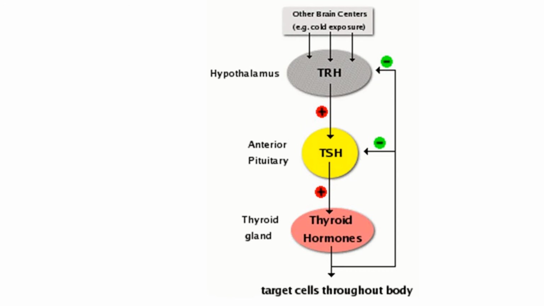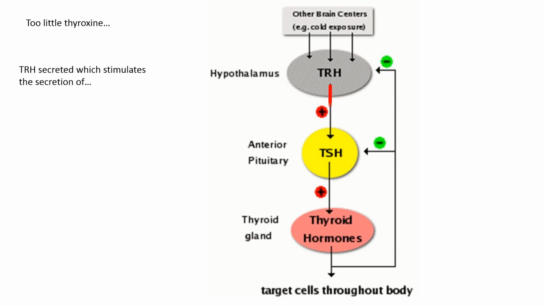So let's start from the beginning. If we've got a situation where there's too little thyroxine circulating in the blood, that will stimulate the hypothalamus to secrete TRH, thyrotropin releasing hormone.